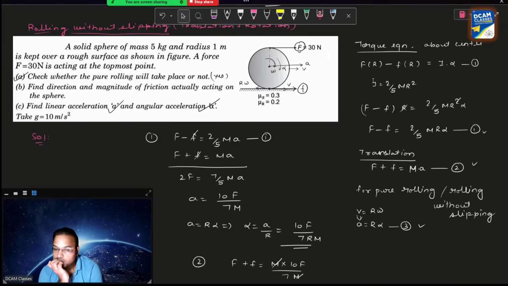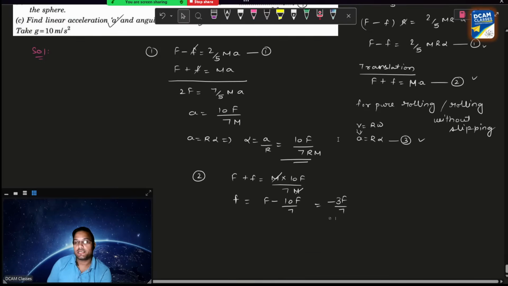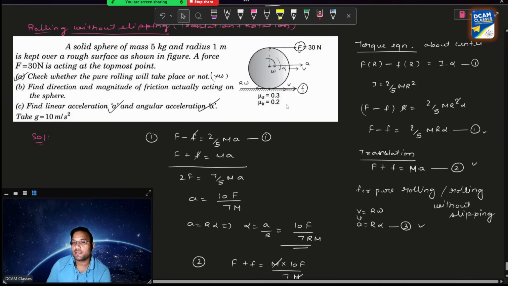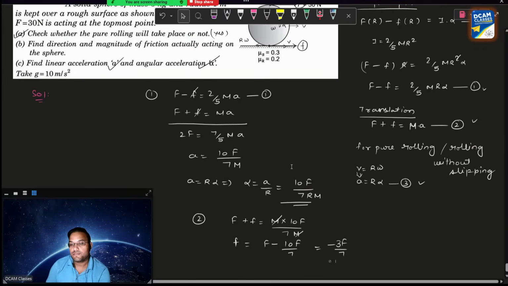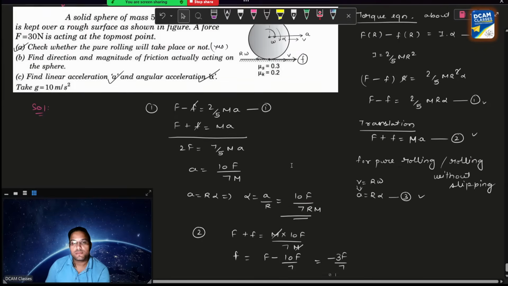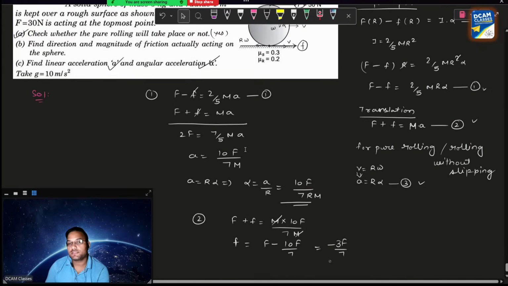Who is alpha? Okay, no problem. It means at the time of pure rolling, the friction force will again go to the backward direction. Understood now? This is how we solve the question.